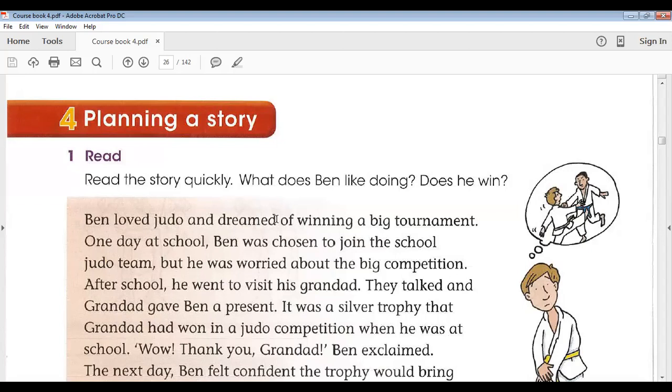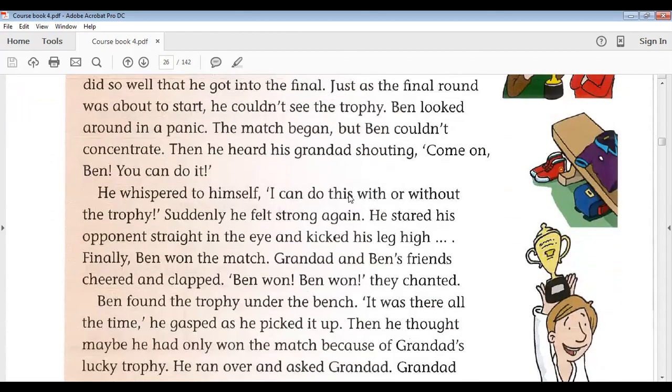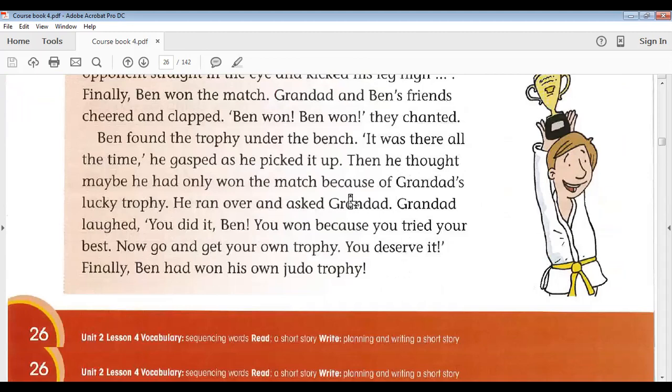I also asked the students about the meaning of story and what type of story they like to read. The students participated in the discussion, and after that, as a whole class, we read the story on page number 26 and we discussed the difficult words.